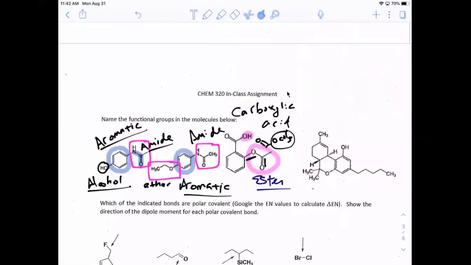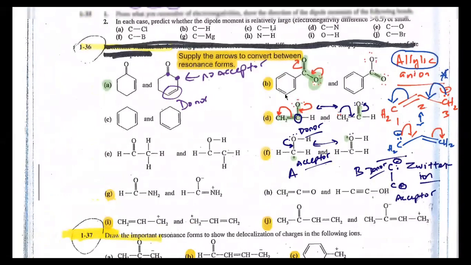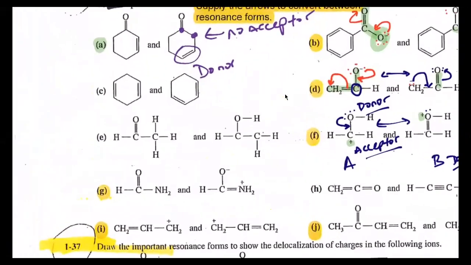We actually looked at some functional groups up here. But let's go back to some of these examples and see if we can pick out the functional groups. And then we're gonna move on to something else.